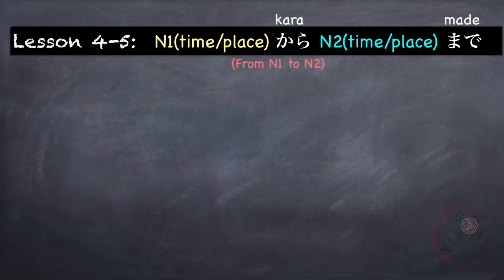Okay, the next pattern is N1, which is a time or a place, から N2 まで. Or it means from N1 to N2. から means from or the starting point, and まで means the ending point or until.